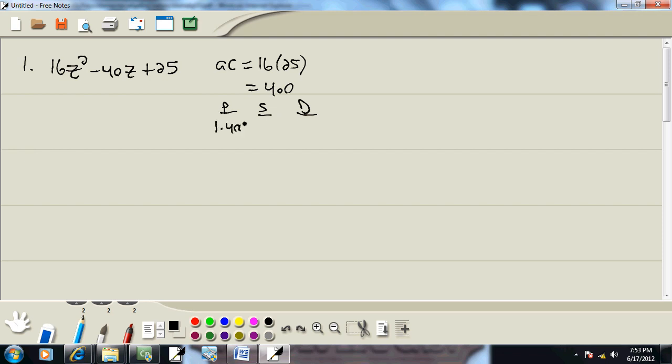1 times 400 gives that to us, 2 times 200, 4 times 100, 5 times 80. 6, I don't think so. 7. Let me check 8. Well, 8 does: 8 times 50. 9, no. 10 times 40. 11, I don't think so. 12. Let me see, 400 divided by 12.